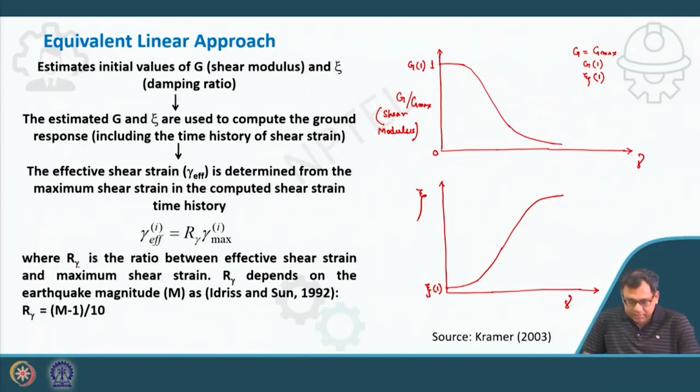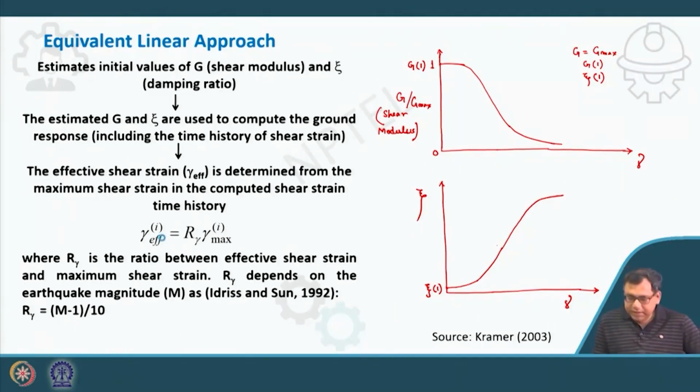Now R strain depends on the earthquake magnitude, as proposed by the expression for R shear strain. So if you want to do it for any particular magnitude, you can get the R strain, and you can put that R value here. From the shear strain time history plot you get the maximum shear strain, so you will get the effective shear strain.